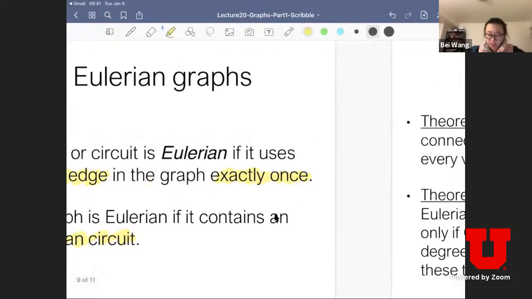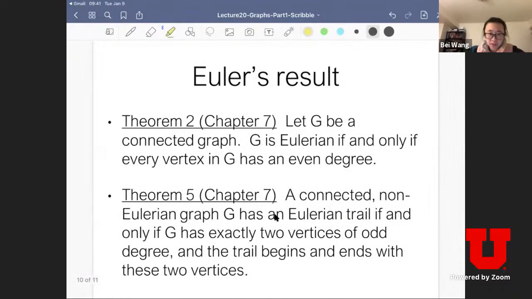Okay. So one of the most important results surrounding Eulerian graphs is Euler's result, which is theorem 2 and theorem 5 in chapter 7. Theorem 2 says, if G is a connected graph, G is Eulerian if and only if every vertex in G has an even degree.